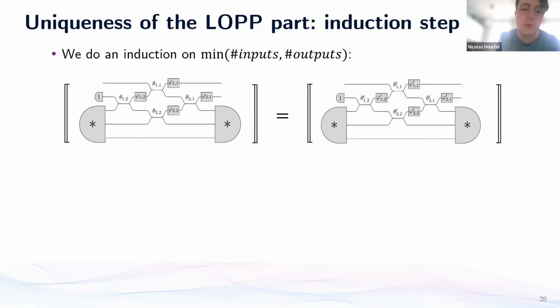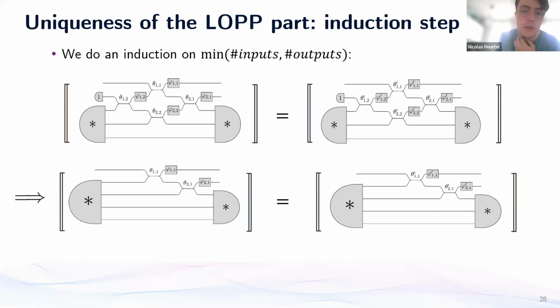Then we can apply the induction property, and that property says that the diagonal, theta 1,1, theta 2,1, etc., are equal. So we have equality on the first diagonal. But with that kind of trick, by finding a good way to go to a lower dimension, we can prove that all the parameters are equal.